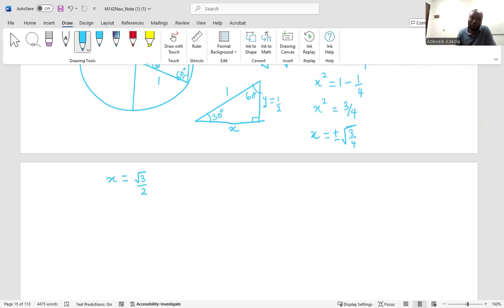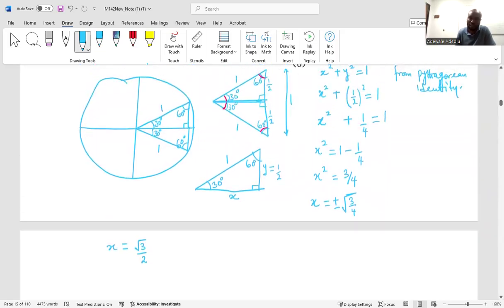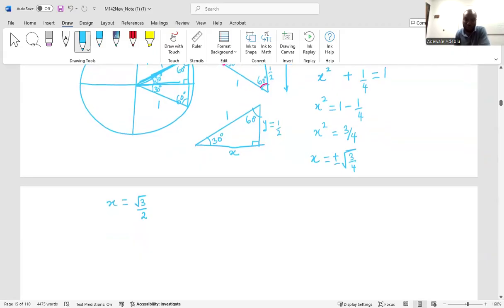I'm going to stick with plus because the angle I'm looking for is in the first quadrant, and x there is positive. So I will use positive for root 3 over 2. Now I know that x is root 3 over 2 and y is 1/2. We already have that from here, 1/2.